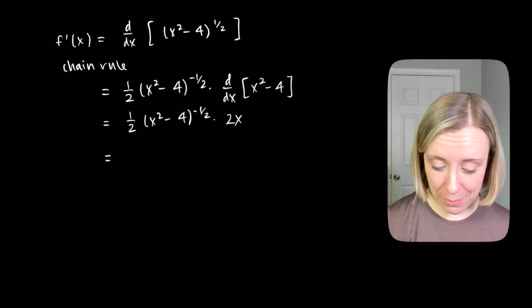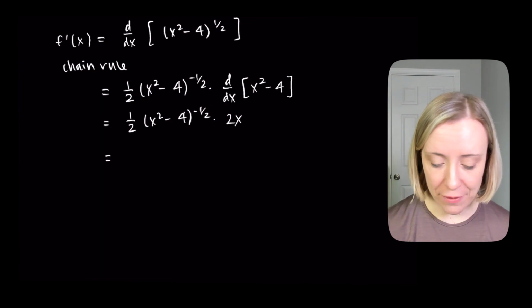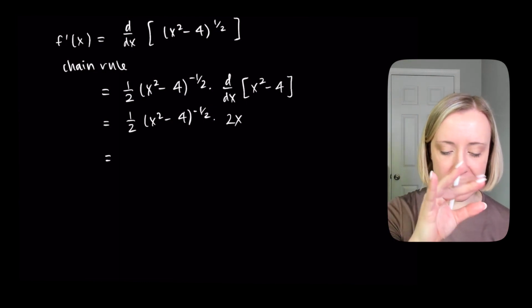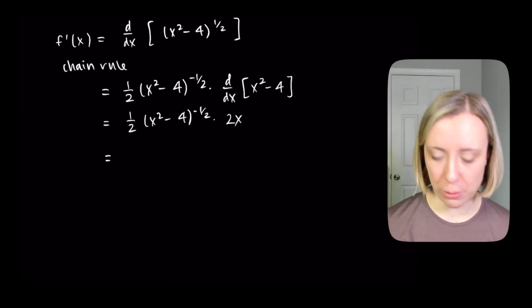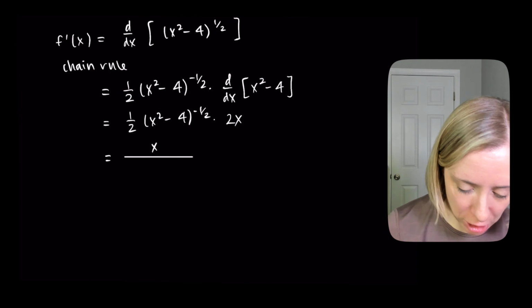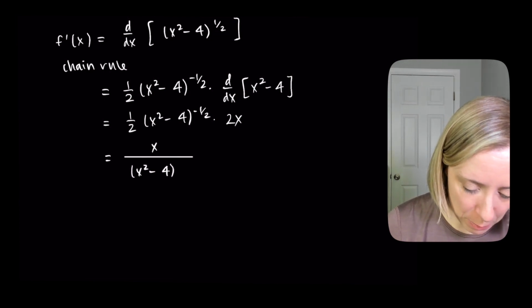Okay, so first I'm seeing the 1/2 and the 2 cancel. That's great, we just have the x left on the outside. Then with that negative exponent, I'm going to bring that entire term into the denominator so that the exponent becomes positive.